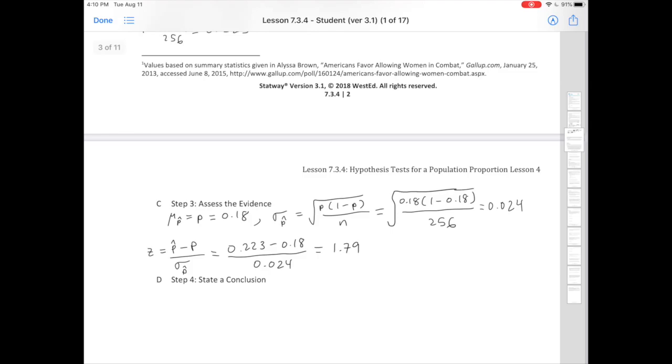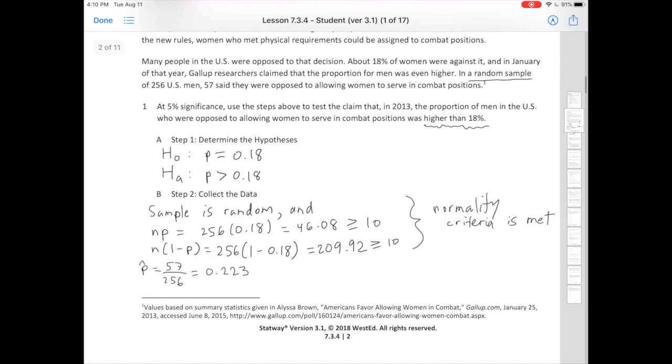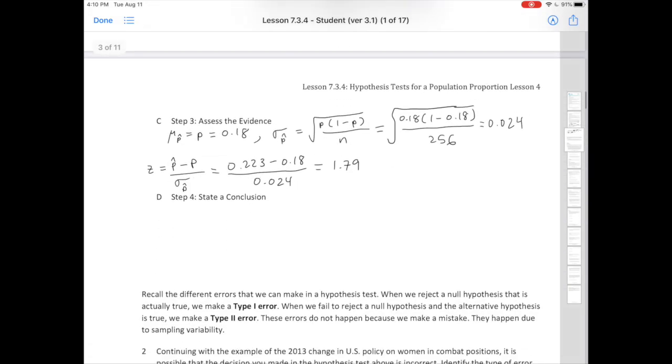By the way, is this a right-tailed or a left-tailed test? We probably should have said that here. This is a right-tailed test because of this symbol right here. Okay, we have a greater than symbol there. And so if I were to draw a little normal chart so you could see it, right?